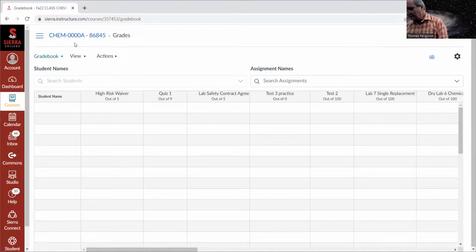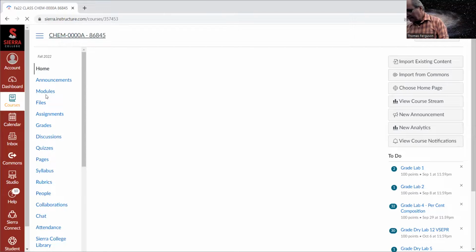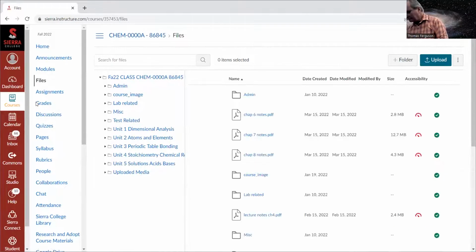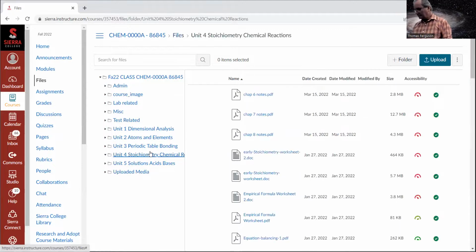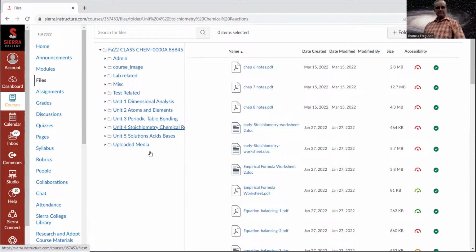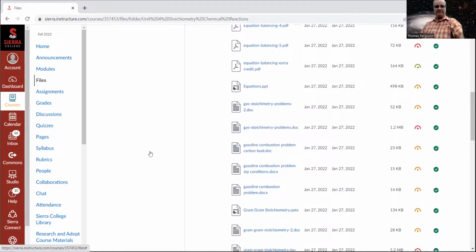Go to stoichiometry under files. There's equation balancing here. There's early stoichiometry, which is the ones you're doing today. There's limiting reactants, all kinds of practice here. There's really a lot of practice.